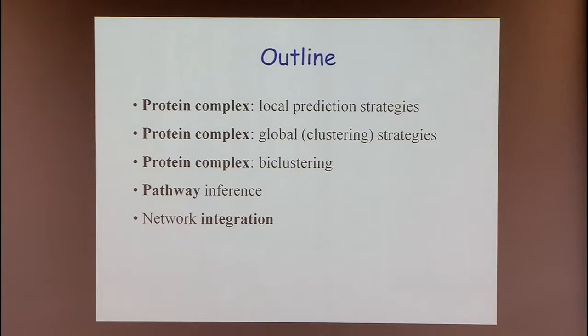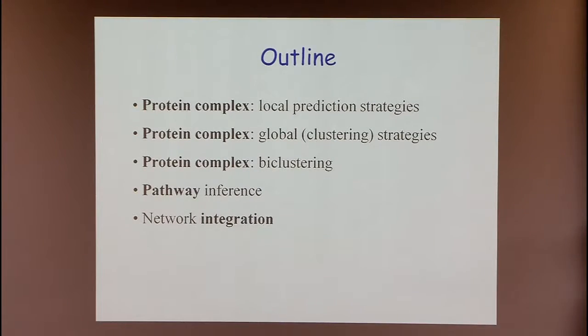So the outline of the rest of the talk is as follows. I will describe different strategies for identifying protein complexes. I will start with local strategies that work on one complex at a time. I will talk also about global strategies that try to identify all of them simultaneously.